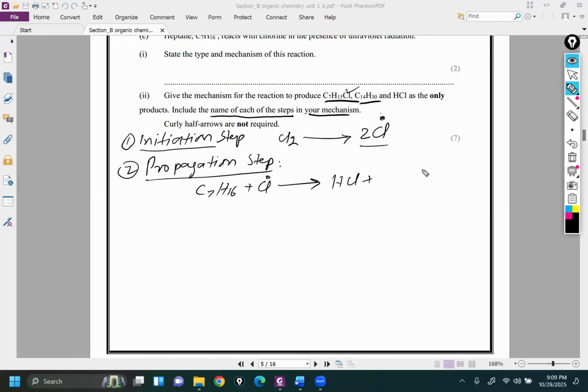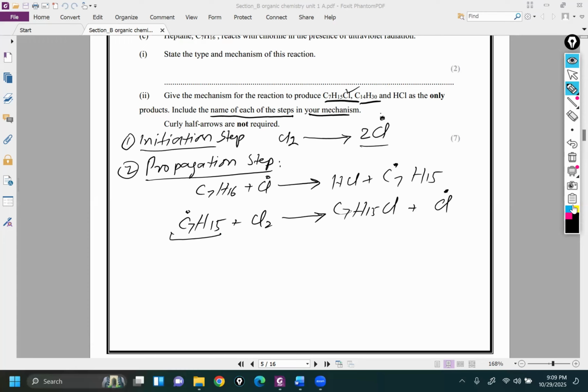C7H15 free radical. This free radical will come forward. C7H15 will now react with molecular chlorine. This is more reactive now. It will snatch one chlorine. Always the free radical will snatch an atom from the other party. It will snatch one chlorine from here, and we will get the product C7H15Cl plus the remaining one will be again Cl dot. So these are the two steps of propagation.